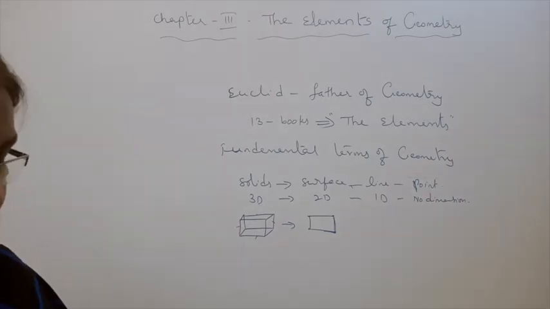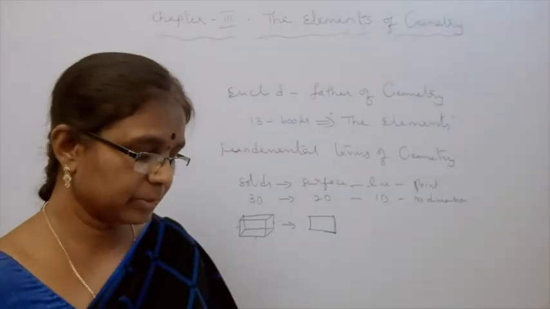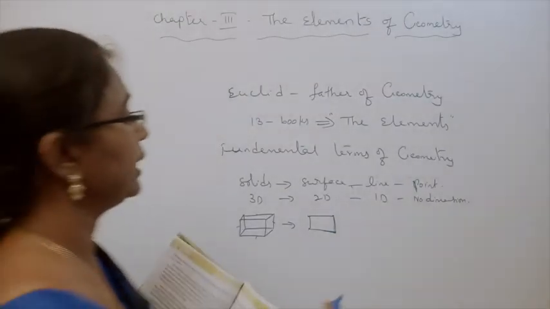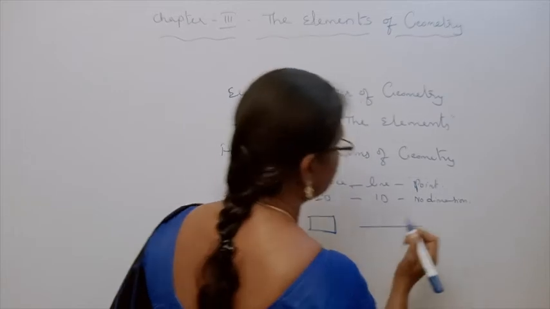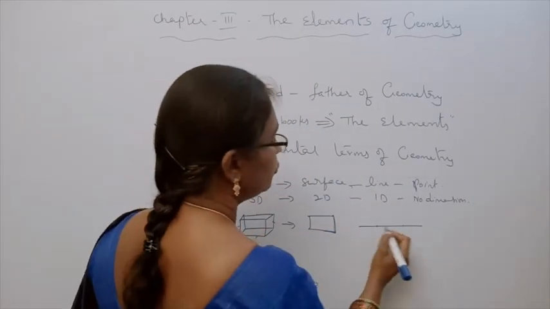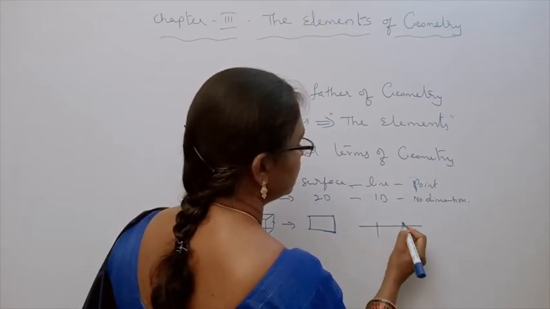Then from these terms, other terms like line segment, angle, triangle are defined. If you take a line and take the distance between two fixed points, that is called a line segment.